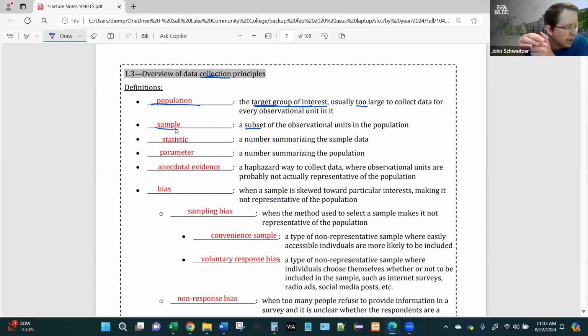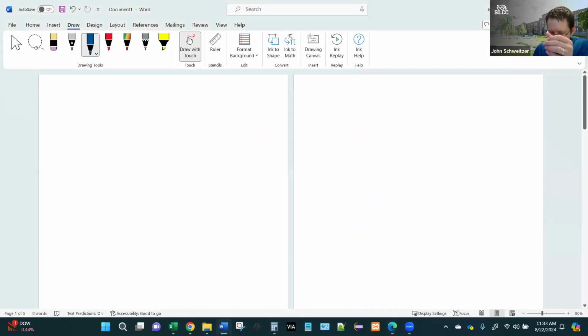And if your sample doesn't look like the population, then your results are going to be not so great, right? So that's what the principles of data collection or sampling theory is trying to address, right? We want to make that sample look as much like the population as possible. Okay, so let's talk about these terms here, and then we'll think about how to get the best possible sample.